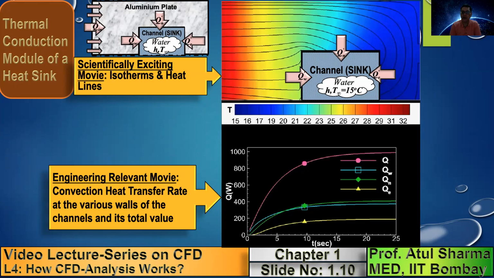And if you see the summation of all these three heat fluxes, it is the total instantaneous rate of heat transfer, which is taken by the water in the channel. You can see that this total rate of heat transfer increases and it asymptotes to a value which corresponds to the 1000 watt. Note that this 1000 watt corresponds to this Q in. This Q in I had mentioned in the previous slide.